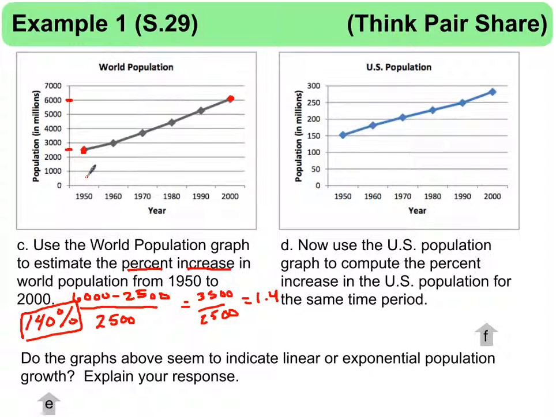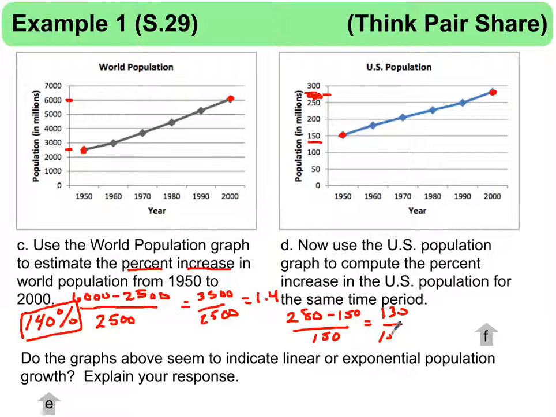Now if we look at the US population and calculated the same thing, in 1950 we had a population of 150 versus 2000, roughly a population, we're just going to call it 280. If you use 275, it's not going to affect the choice of the problem at all. So if we use 280 minus the 150, and our original population was 150, well, 280 minus the 150 gives us 130.